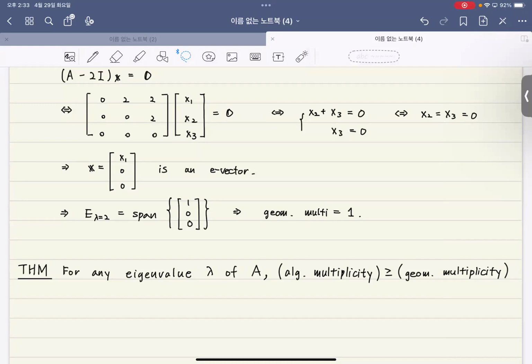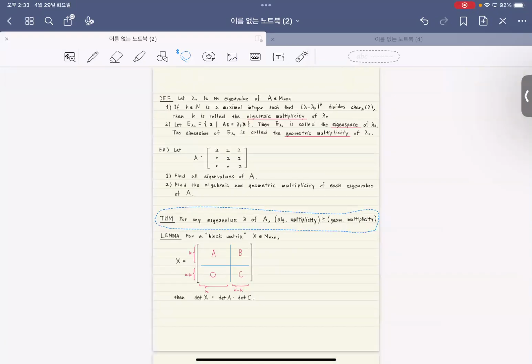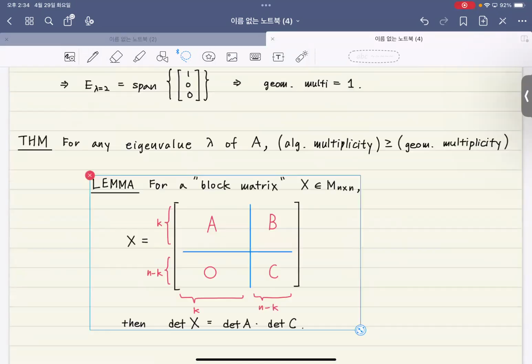So let me prove this. But before I prove the theorem, I will need to prove another small lemma, which is this.